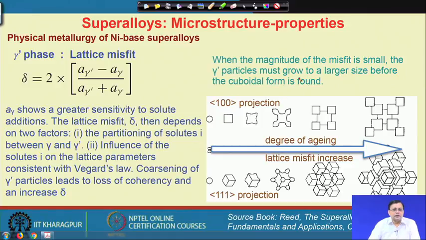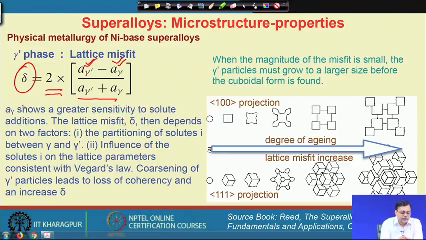So, we can mathematically calculate and experimentally estimate the amount of the mismatch. Here this is represented by delta. So, delta is equal to 2 into a of the lattice parameter of the gamma prime phase minus the lattice parameter of the gamma nickel matrix, and below here is the summation of these two different lattice parameters.